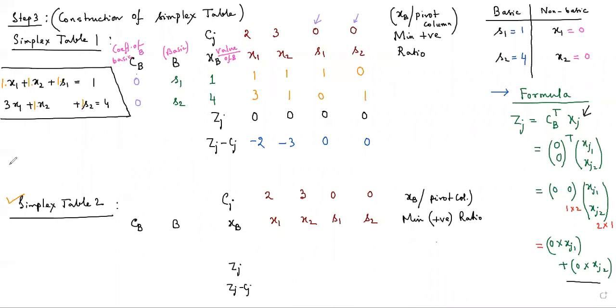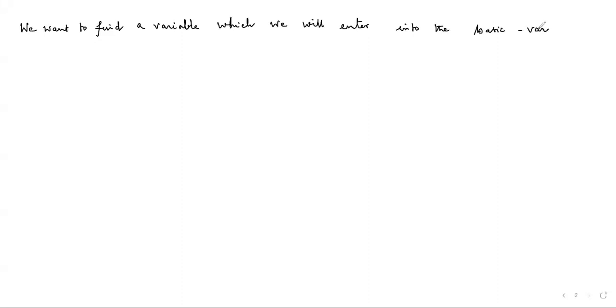First of all, what we need to do is that we want to find a variable which will enter into the basic variable column, and we want to remove a variable from the basic variable column at the same time.